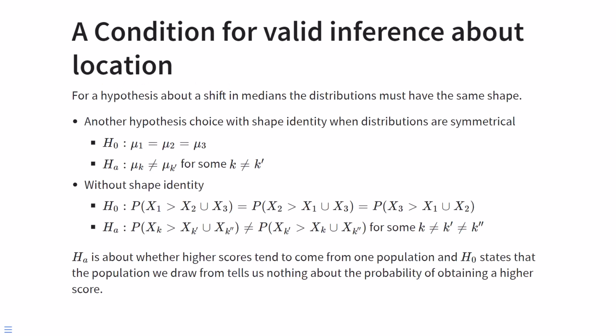A condition for valid inference about location, meaning a shift in medians, is that the distributions must have the same shape. If we do have the same shape, and we also have symmetry with our population distributions, the null hypothesis can be about the mean instead of the median, or in addition to the median, because the means and the medians are going to be the same in these populations.